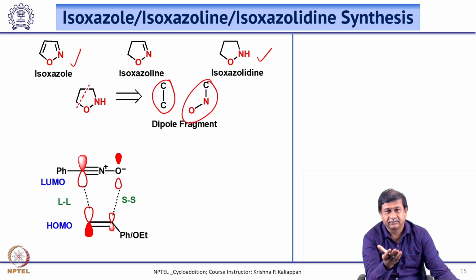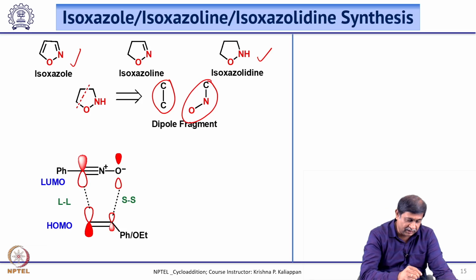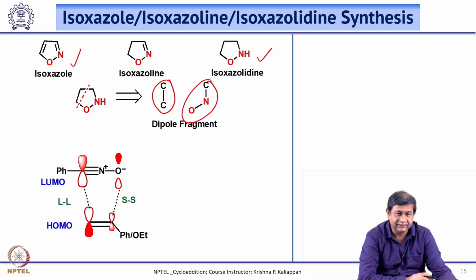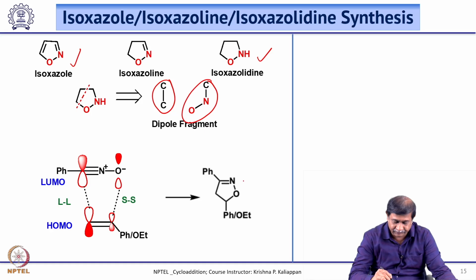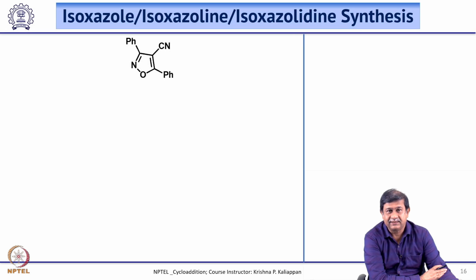Now when you do the 1,3-dipolar cycloaddition, what will be the regiochemical outcome? The regiochemical outcome is based on this HOMO-LUMO interaction, and that will lead to the 1,3-disubstituted isoxazoline. Okay. Let us see some examples.